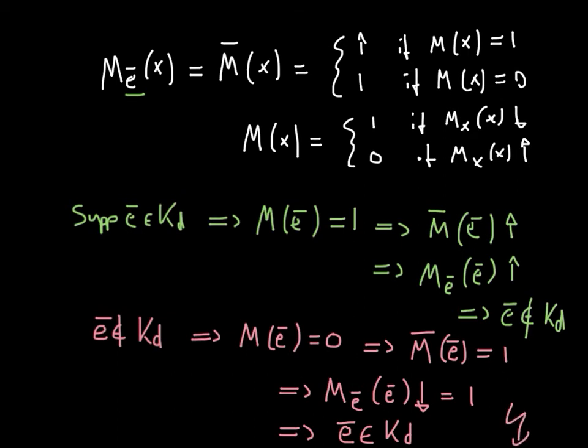So we have a contradiction. So from the start, we get a contradiction to our assumption that KD is decidable. That is, our machine M cannot exist. So this here cannot exist.